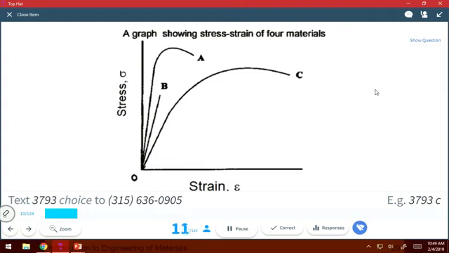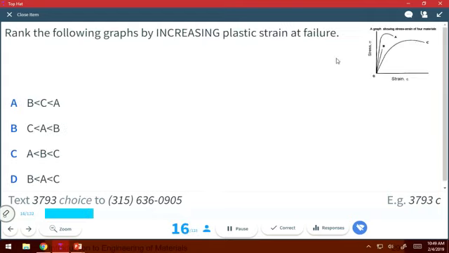So if you're given a generic strain curve like this for these 3 materials, and you're asked to rank the curve by increasing plastic strain at failure, your first answer would be lowest plastic strain at failure, and the last answer is the one with the highest plastic strain at failure. Strain is the same as strain on the x-axis, right? Mm-hmm.